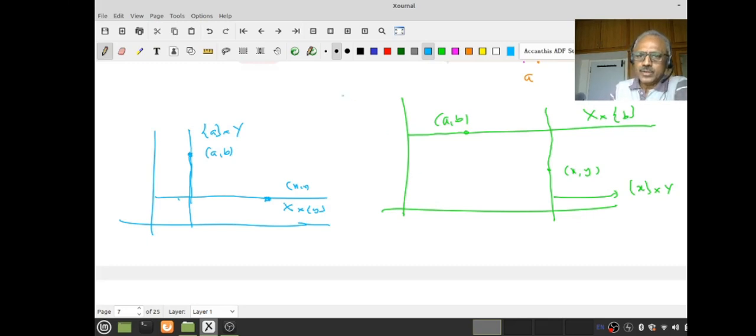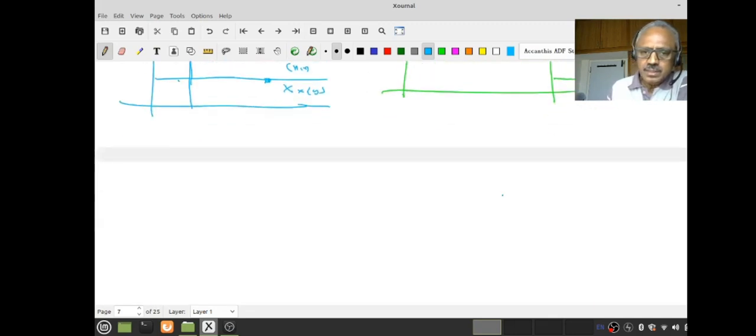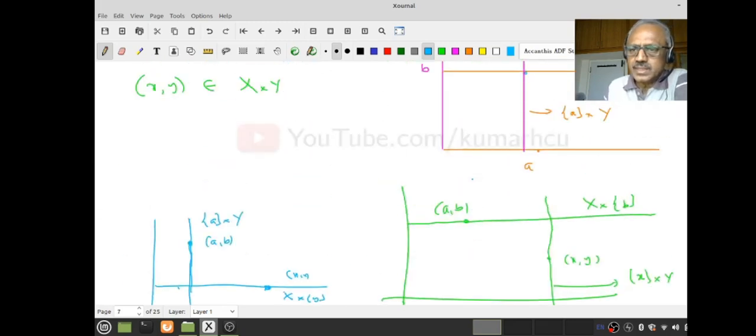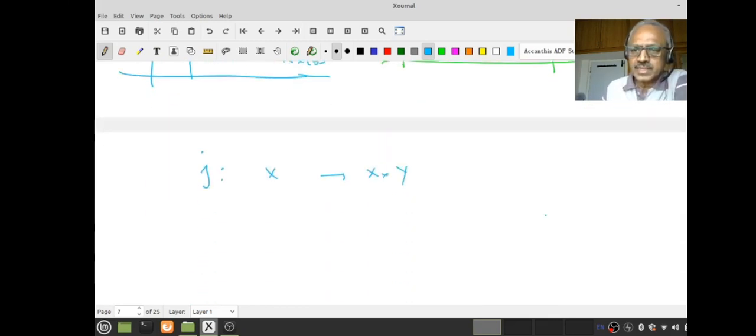Now I want to prove f(a, b) equals f(x, y). Remember, what is my assumption? I already said the map J from X to X cross Y, for any fixed point, is connected. Therefore this set is connected. Why is this connected? Because it is the image of the map x going to (x, b).